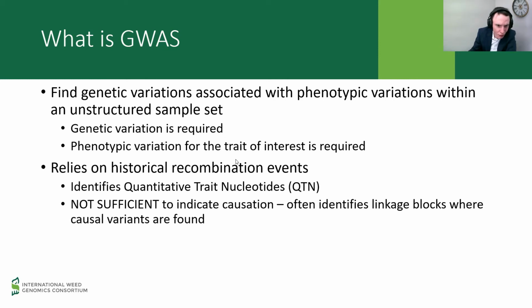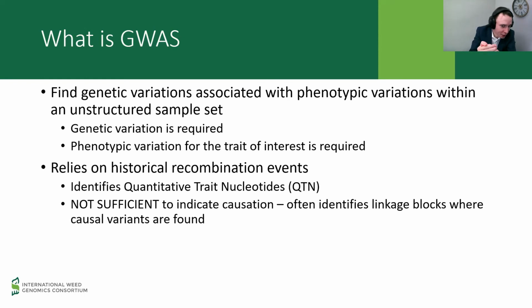How a GWAS works is, instead of developing recombination events as one does in QTL mapping, by taking a resistant parent and a sensitive parent, crossing them together, and generating F2 or subsequent generations, we're relying on historical events where this has occurred. So at the end of the day, you identify specific nucleotides that are statistically associated with your trait of interest.